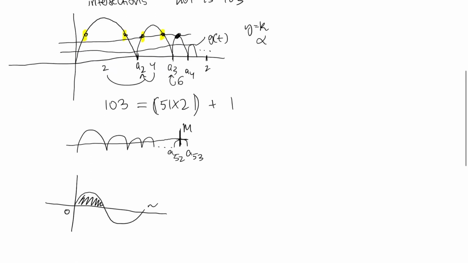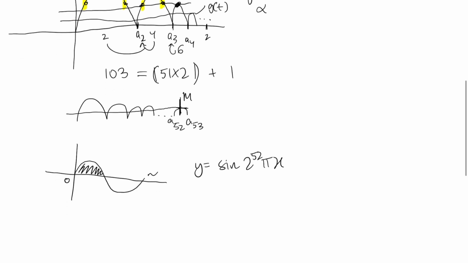n is equal to 52, which means the function is y equals sine of 2^52 pi x. So what's the period? The period is 2 pi on 2 to the power 52 pi. So pi cancels, and we are left with 1 over 2 to the power of 51.